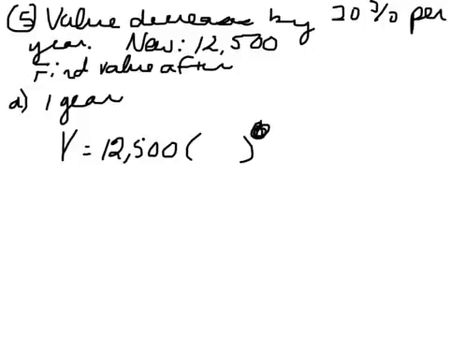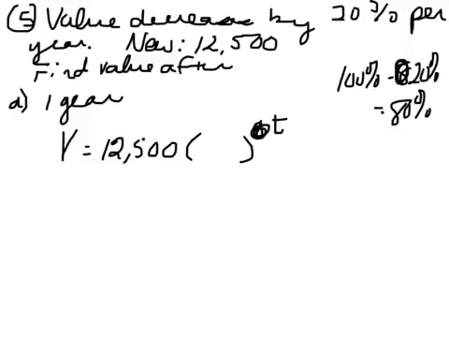But as time passes, each year that passes, we need to decrease the amount. So 1 would mean it stayed the same value, but if it's decreasing by 20%, 1 is like 100%. 100% minus 20% each year would mean that it's only worth 80% of what it was the year before.